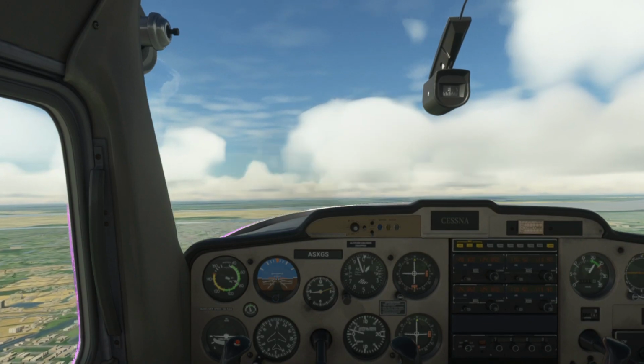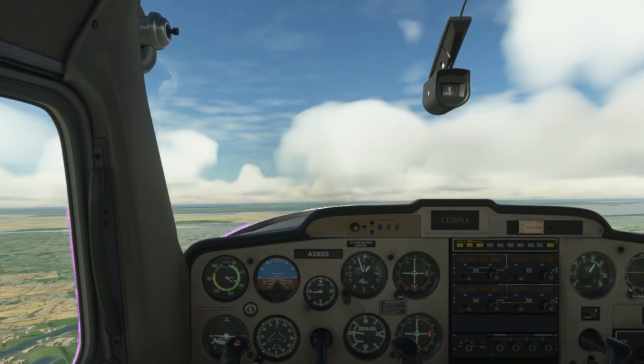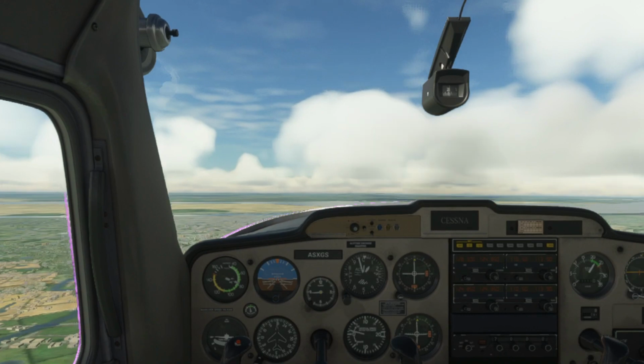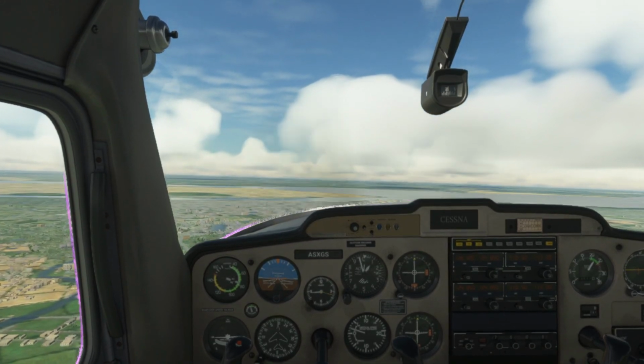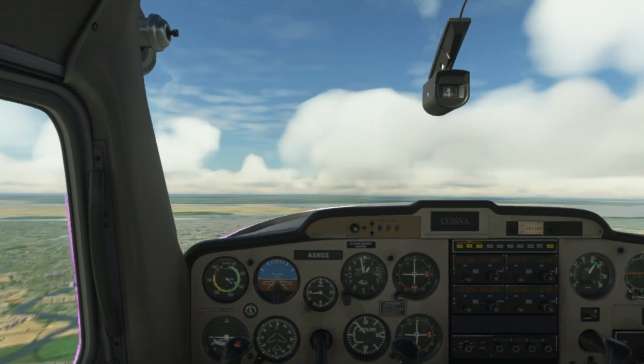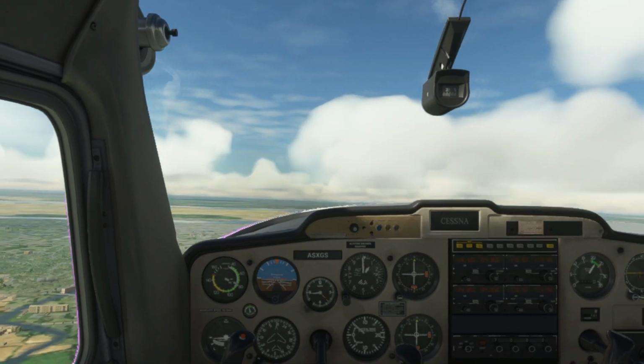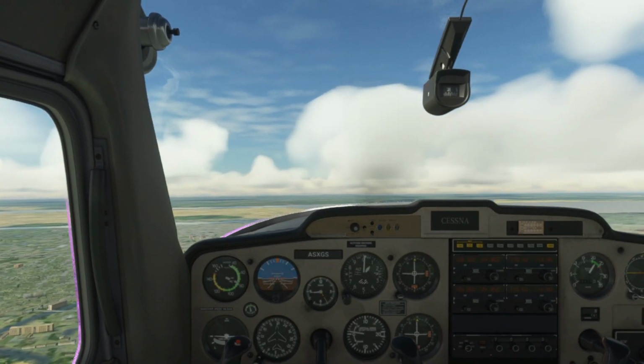Now, we're not that high this time, so that the landing would be a bit easier. We don't have to worry about the height like we did before, hopefully.